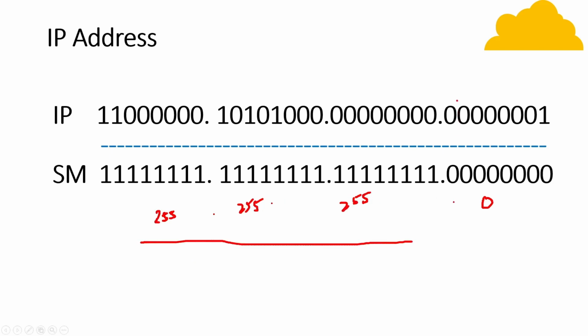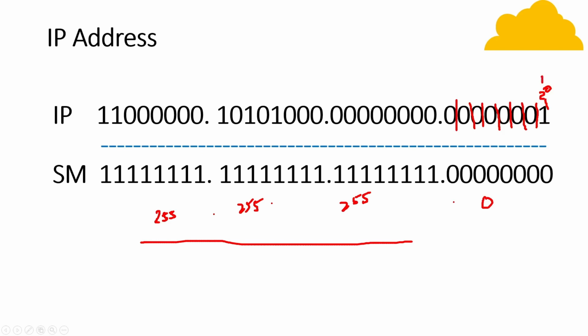Since this is a binary format, I have to address in a specific way. So if I wanted to convert the binary into decimal, then I have to do some calculation, which will be 2 to the power of 0. For this bit, I have to use 2 to the power of 0.